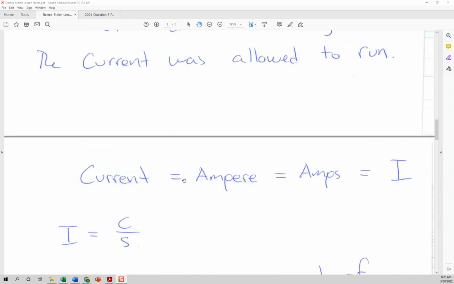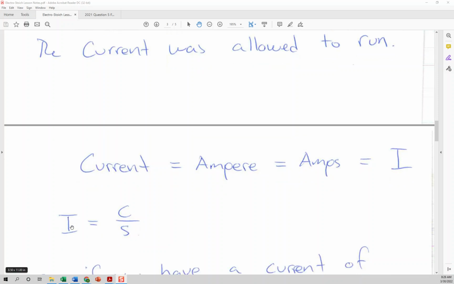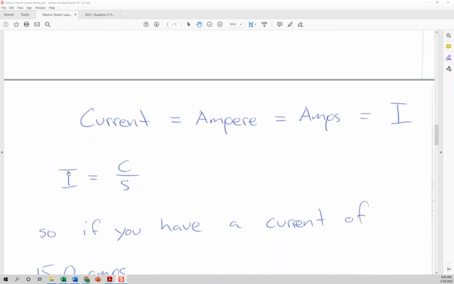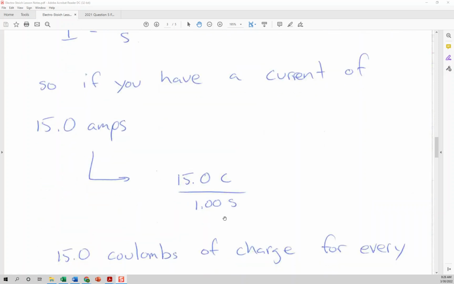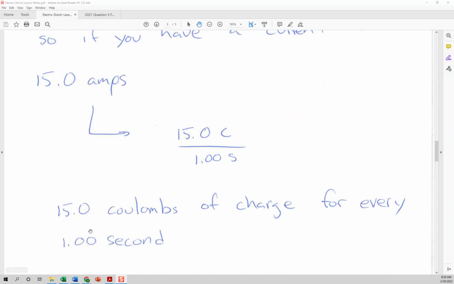First of all, current is measured in what we call amperes, sometimes short for amps. The symbol is I, and this is on your formula sheet, and it tells you that I equals C over S. Current, or amps, is the same thing as coulombs per second. If you're given an amount of amps, you're told how many coulombs of charge are passed through the wire every second. So if you had 15 amps, that means 15 coulombs of charge for every 1 second.